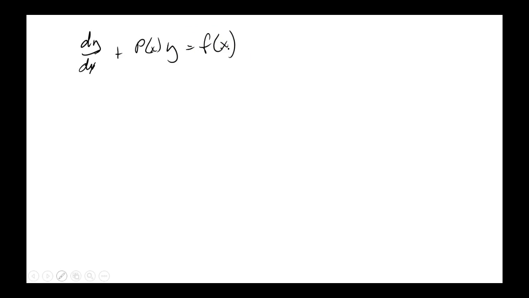Now, if it stopped right there, that would be your classic linear differential equation. Derivative to the first power, y to the first power with some coefficient function of x, and then on the other side, a function of x. But what makes this different is now we have another y to the n over here. Whoa, that is definitely not linear anymore because of that y to the n.